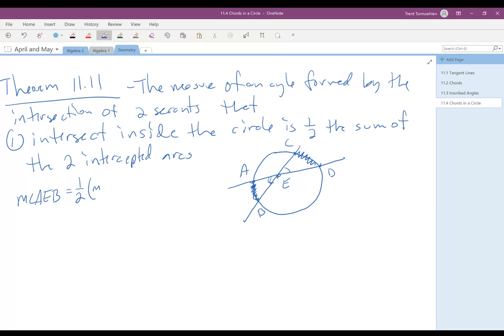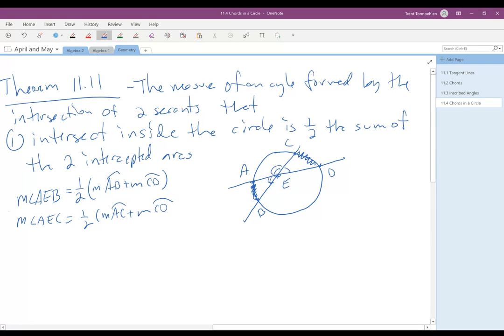So it's going to be one half the measure of arc AB plus the measure of arc CD. In the same way, we could say the measure of AEC, that's this angle right here, is just one half the sum of the measure of arc AC plus the measure of arc BD.